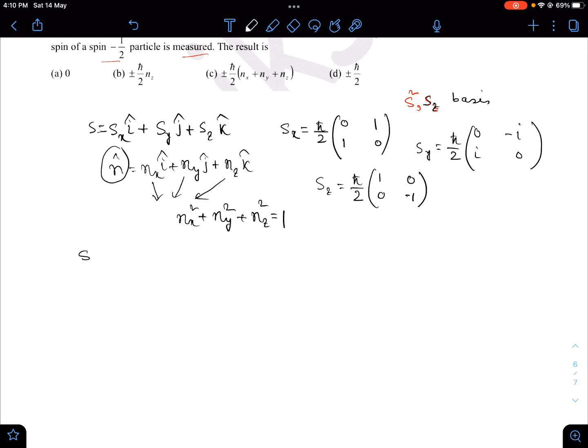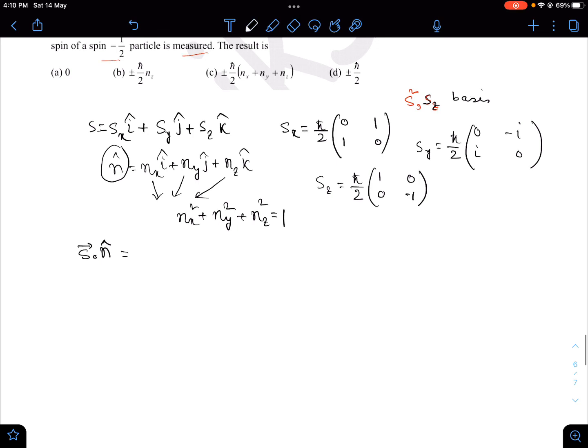So now let us calculate the component of the spin along any arbitrary direction. The component of spin along n, we have to find the dot product between S and n. So this will be equal to nx Sx plus ny Sy plus nz Sz.